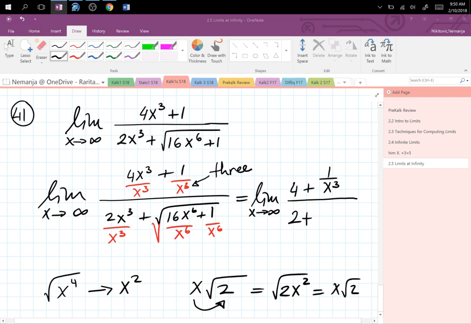So when you're getting out of the square root, you divide the exponent by half. When you're going inside, the exponent gets multiplied by 2. You're not squaring the exponent, you're multiplying it by 2, because it's a square root. So 3 times 2 is 6.